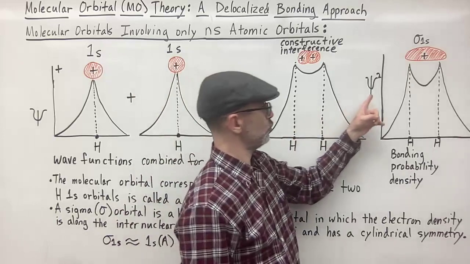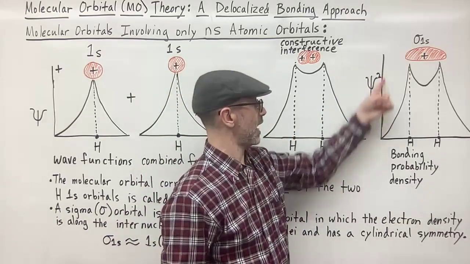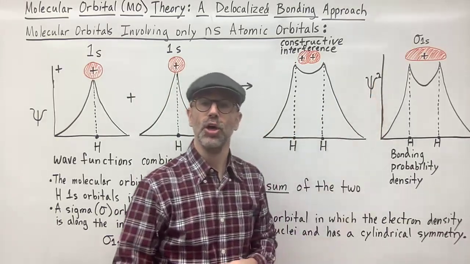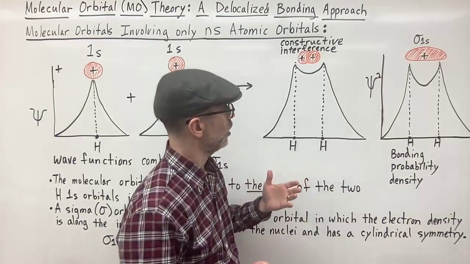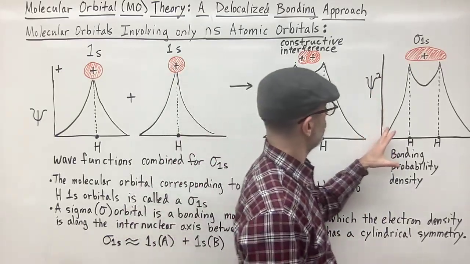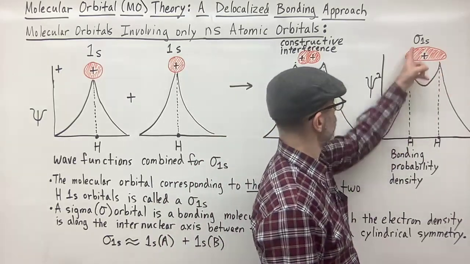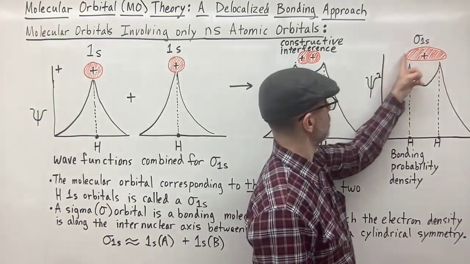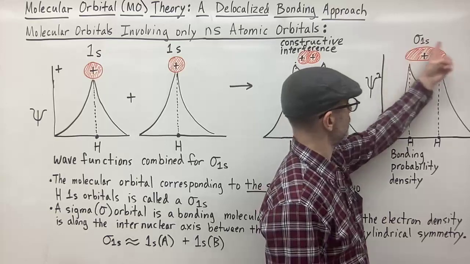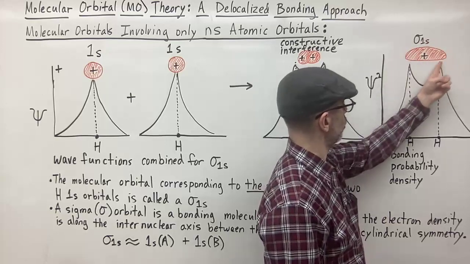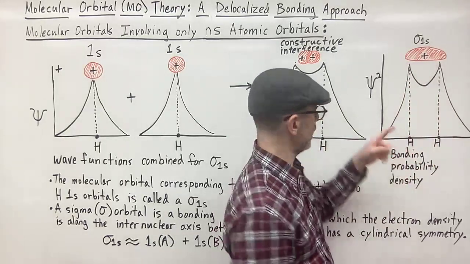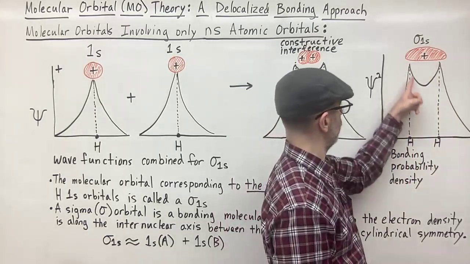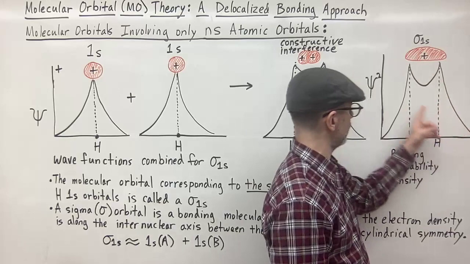If you take psi squared, it gives you the radial probability distribution of where the electrons would be. This molecular orbital here we call the sigma 1s. Now you can see that this is the molecular orbital of those two atomic orbitals that were combined, and you can see the probability distribution of finding the electron.